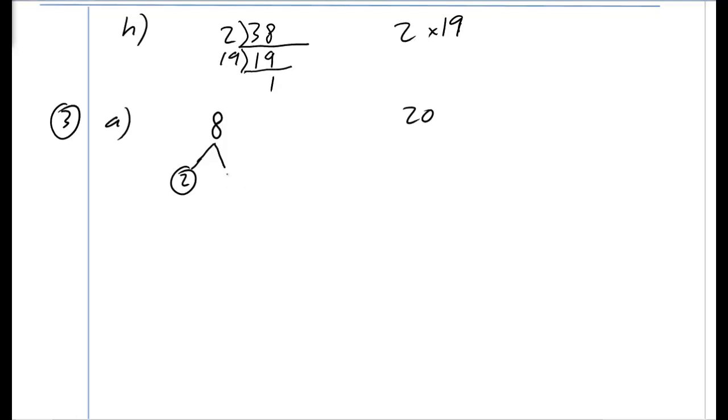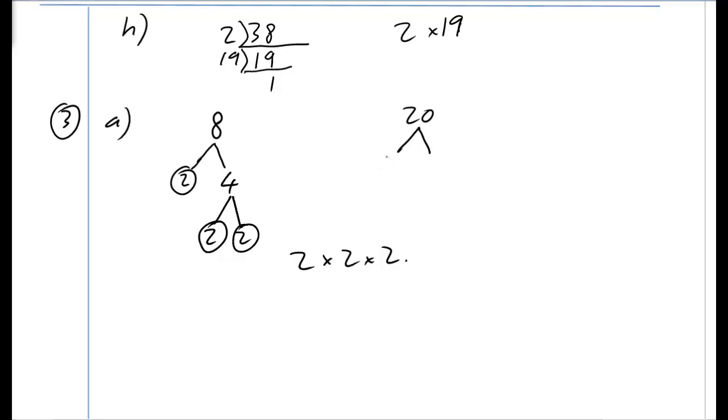Let's do that one again. 2 times 4 is 8. Now 4 can be written as 2 times 2. 2 and 2 are prime numbers. So the prime factors of 8 are 2 times 2 times 2.